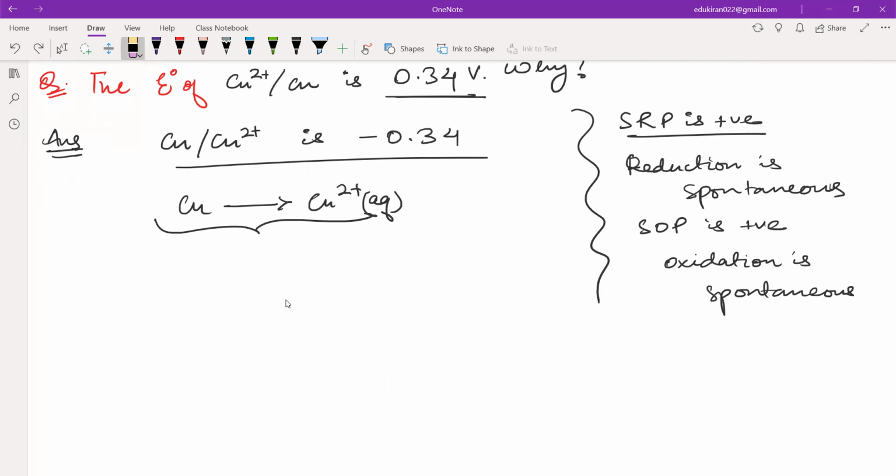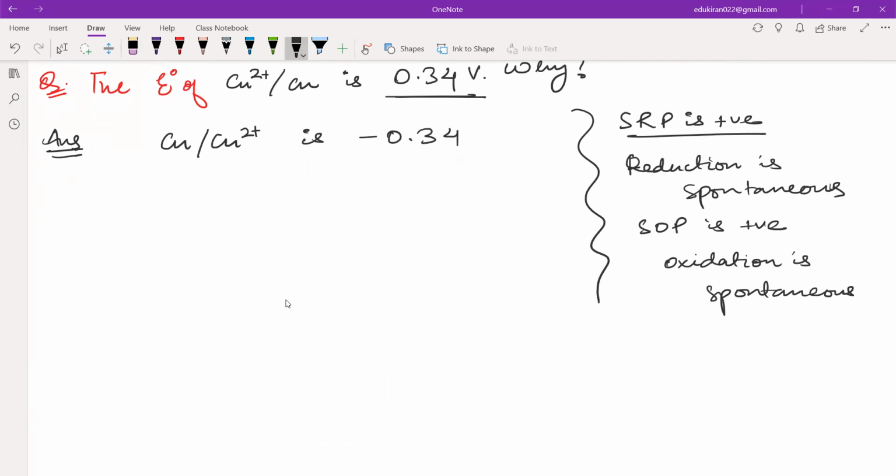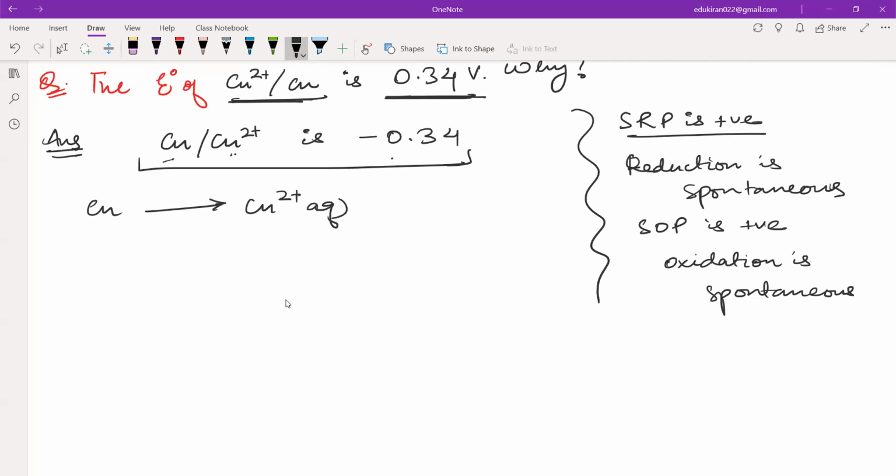Now, it means that this reaction is non-spontaneous. What does this mean? Cu2 positive to Cu is 0.34. So if Cu2 positive to Cu is 0.34, then Cu to Cu2 positive, that means the oxidation reaction, is negative. And hence Cu to Cu2 positive aqueous is non-spontaneous.